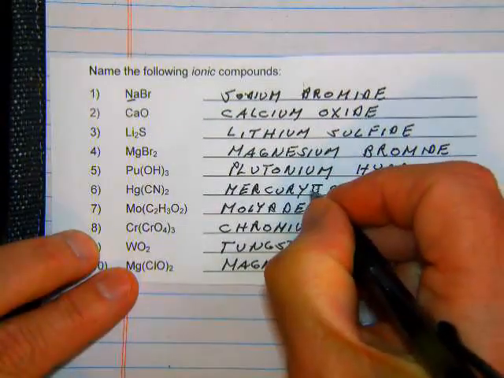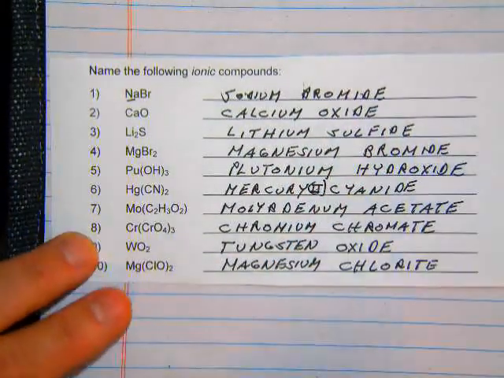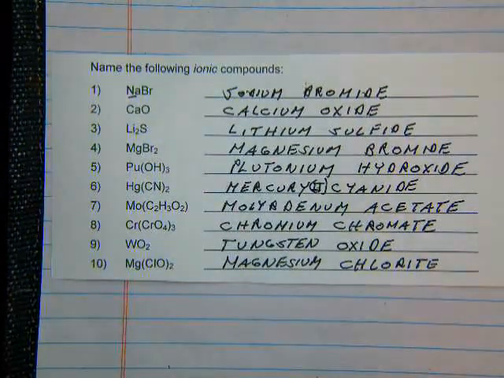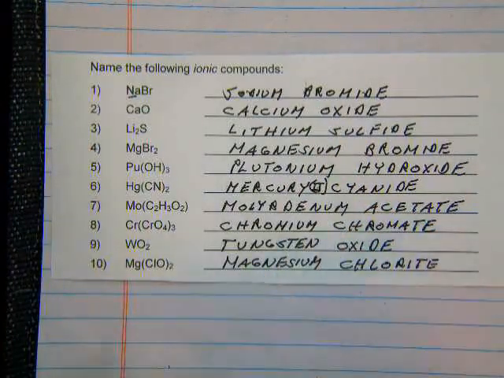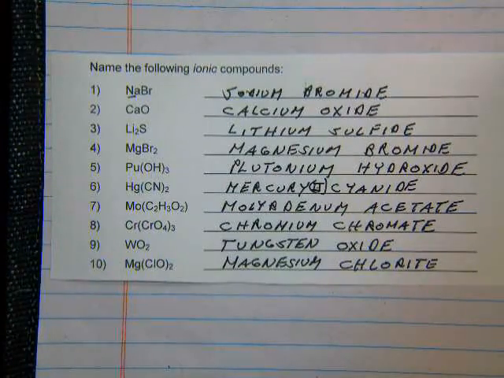You don't see it too often, but that would actually be mercury with the Roman numeral 2. All right, I think all the other ones look pretty good. If we had something with iron or lead, they would have different charges associated with them, where we use the Roman numeral.